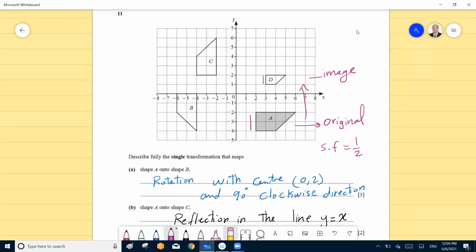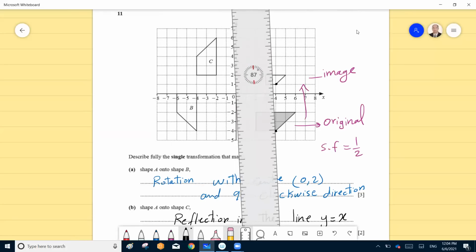Any two corresponding sides you can divide, no problem, but you have to start with the image over the original, not the opposite. To find the center of enlargement, you pick one point here and its corresponding point, and draw a line, as you see.